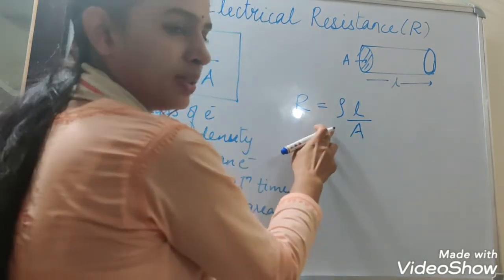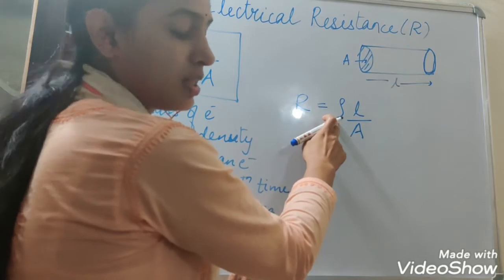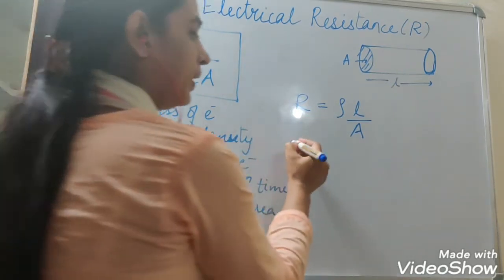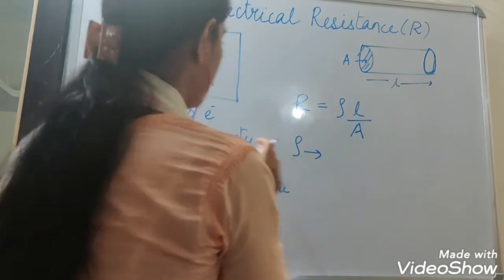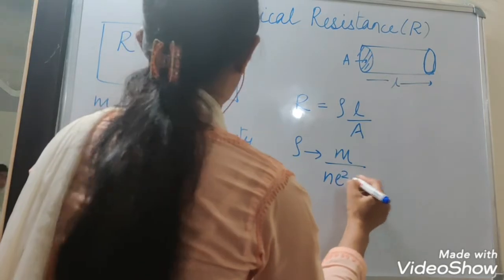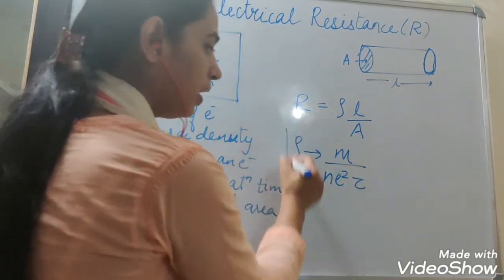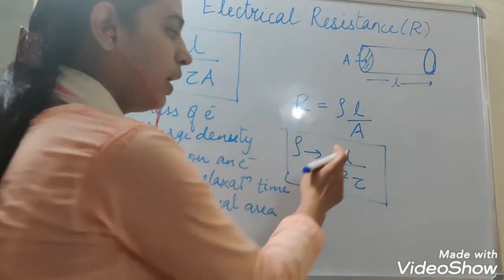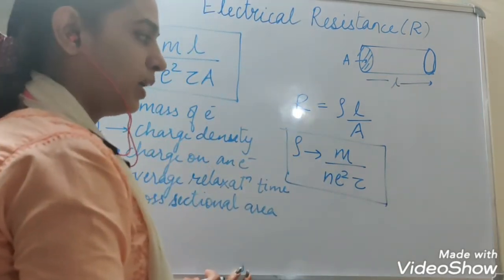We already know this expression. We write this constant as rho, that is resistivity. So for a particular material, rho is given by m upon n e squared tau. Okay, we got the expression for resistivity of a material also, m upon n e squared tau.